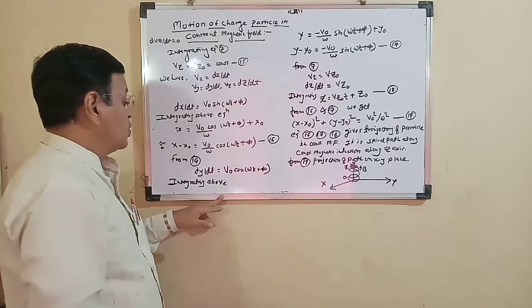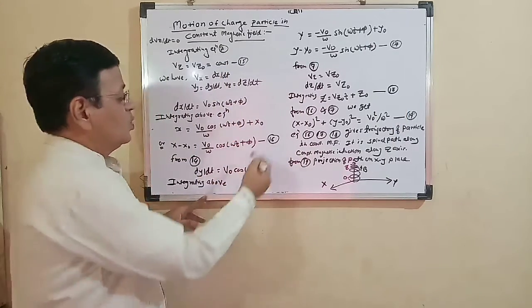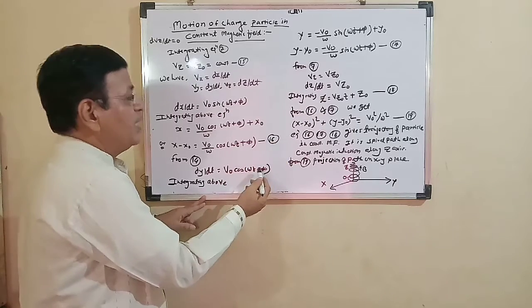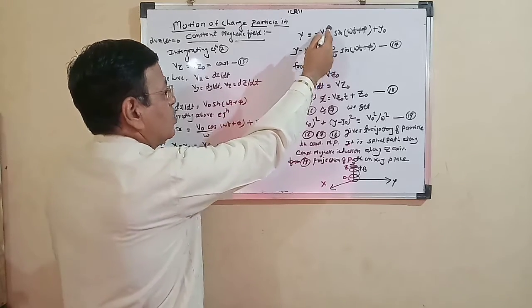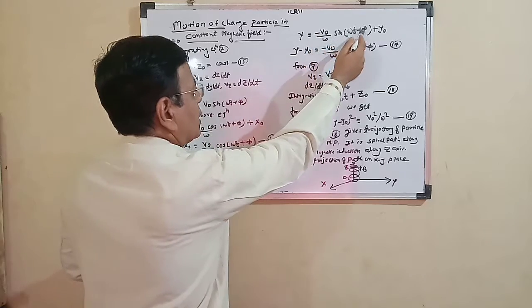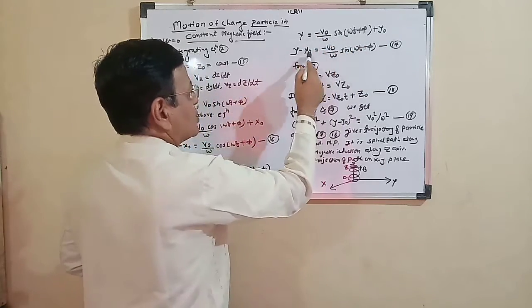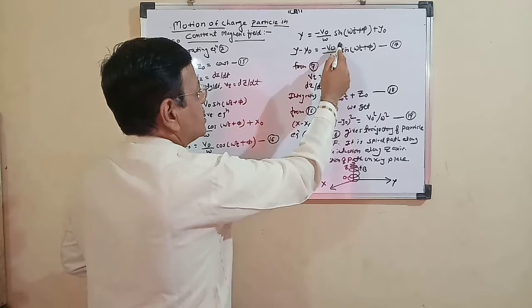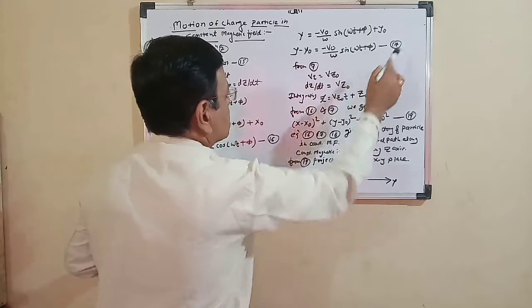Here the integration of cos is nothing but minus sin, with omega t plus phi divided by omega. Transferring y0 to this side, y minus y0 is equal to minus v0 upon omega sin(omega t plus phi). Call this equation number 17.